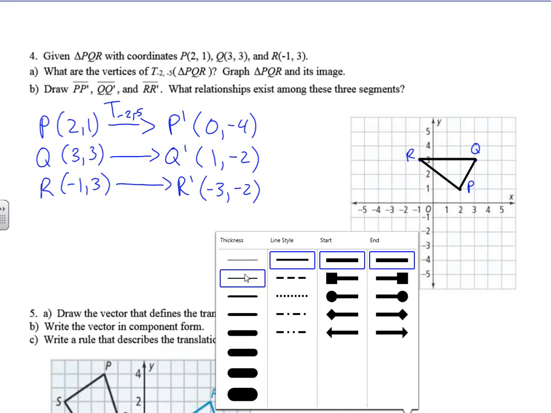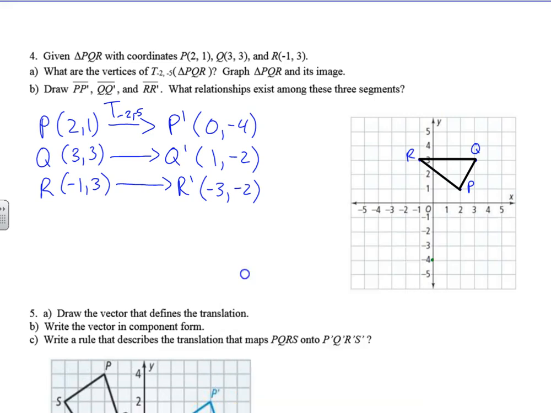So P prime is going to be 0, negative 4. Q prime is going to be 1, negative 2. And R prime would be negative 3, negative 2. So it wants us to graph both of these and label them.